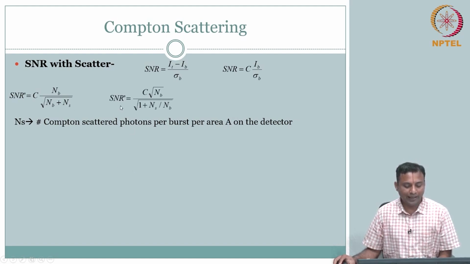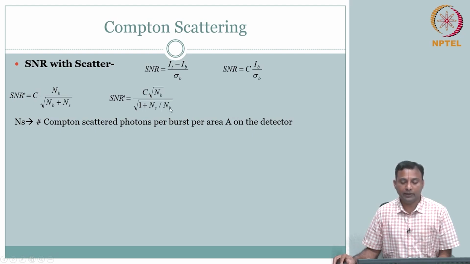So, your SNR dashed is this. I just manipulated it, dividing numerator and denominator by the square root of NB, and then you can take this in. Why is this a convenient form?